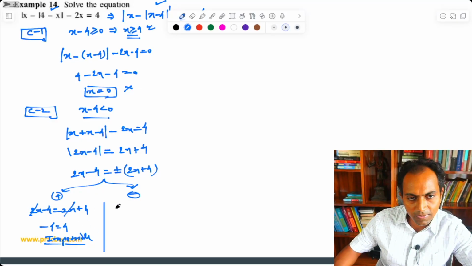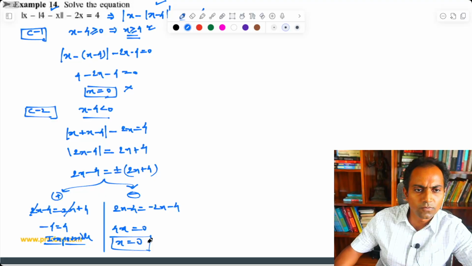But if I take the minus sign, it becomes minus 2x minus 4. So again what you are getting is here 4x is equal to 0 or x is equal to 0. Now see, what we will have to do is we will have to put it in the original condition that we have got. The original condition in this case is this condition. So in this condition we will have to put and check.